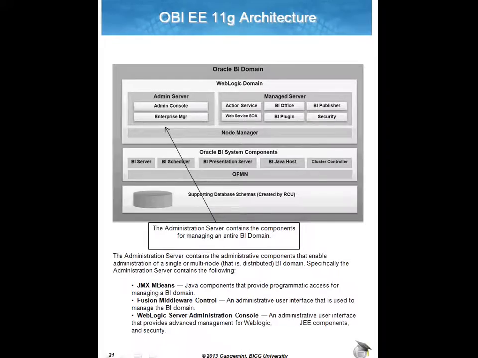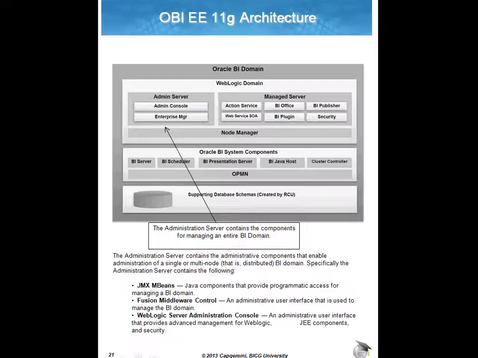Although the admin server is found within the WebLogic domain inside the Oracle BI domain, the admin server contains the Java components that run the admin console and the enterprise manager, otherwise known as the Fusion middleware control.